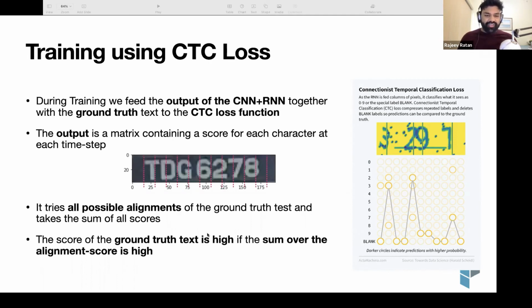The score of the ground truth text is high if the sum of the alignment score is high. It's an example here with the captcha model, how it works. You can see the first one being 3, that's the highest probability for this character here. Then you have a lot of blanks. Now, CTC is notorious for producing a lot of blank characters, which is okay because blank is a category here, so we just remove that afterward.